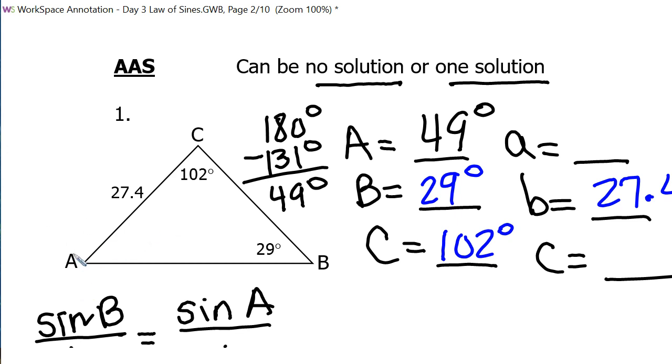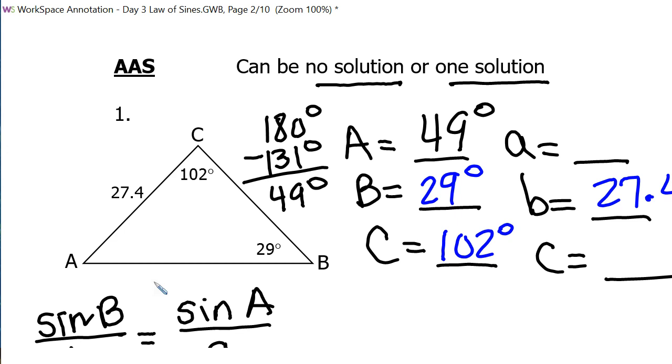Now fill in what they gave us. Now I'm not going to write this formula down every single time, but this first one I'm going to make sure you see what is going where and what we're doing. So for this first one, this would be sine, and angle B is how many degrees? 29 degrees. Side B is 27.4. That ratio is equal to the sine of angle A, and angle A is how many degrees? 49 degrees.